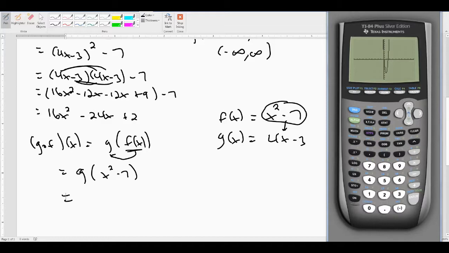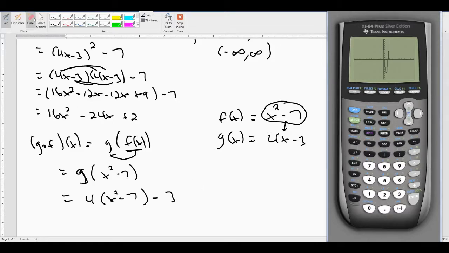You can actually get lost in this notation. That's why I don't really like showing this too much, because people do get lost in it. So you take the g function, which is 4x minus 3, leave out the x, and substitute the x squared minus 7 into it.